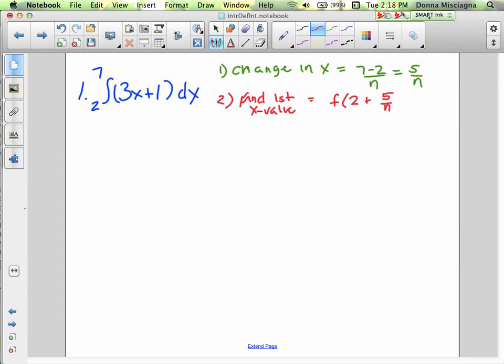So our first value is f of 2 plus 5 over n j. Right, so 2 is the starting value right here, and we're adding a change in x because it's a right Riemann sum.